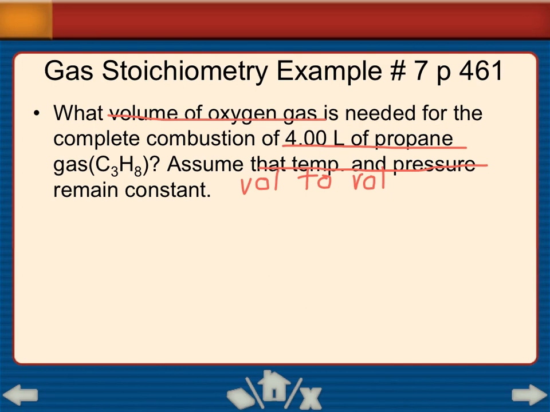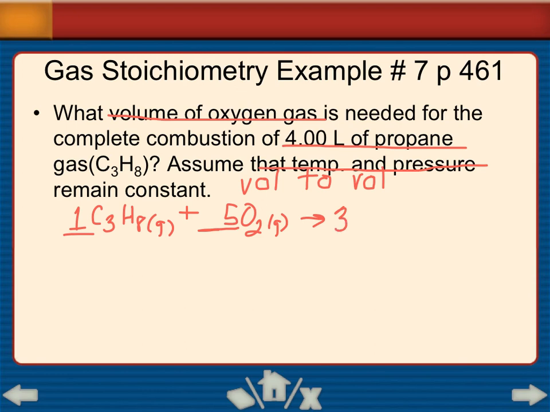Well, the first thing we have to do is write the balanced equation for propane. So we have C3H8, propane gas. It's combusting with oxygen gas. And I'm balancing it as I go along.